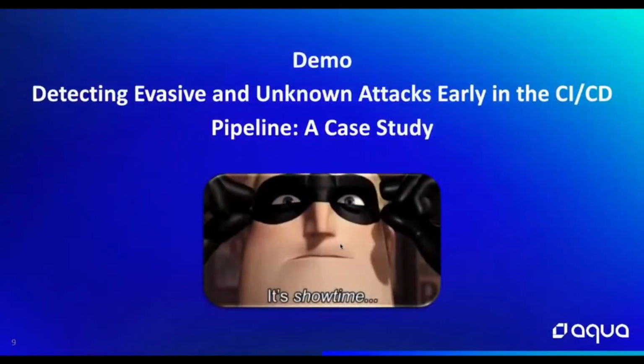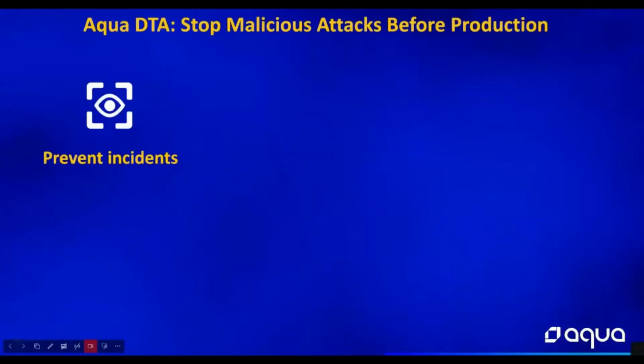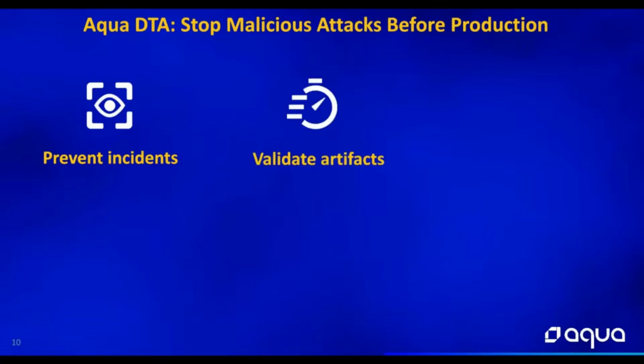DTA brings a lot of benefits to security teams. For example, it helps detect evasive and malicious threats before deployment, and this way prevents any attacks and any actual incidents in production. It also helps validate artifacts.